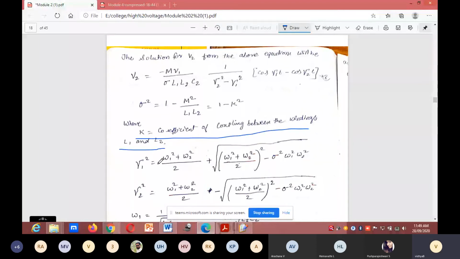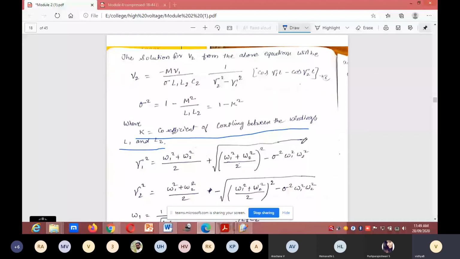Gamma 1 square is equal to (omega 1 square plus omega 2 square) divided by 2 plus square root of ((omega 1 square plus omega 2 square) divided by 2) whole square minus sigma square omega 1 square omega 2 square.